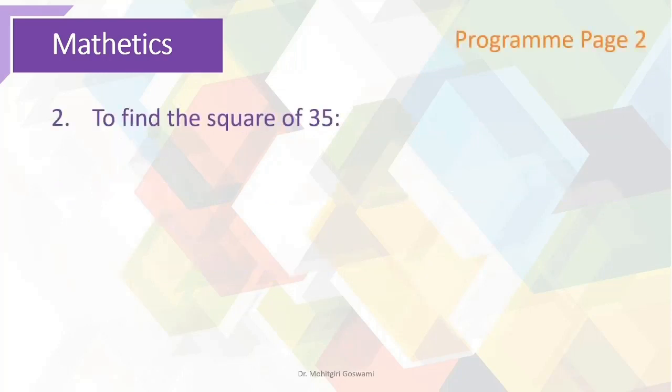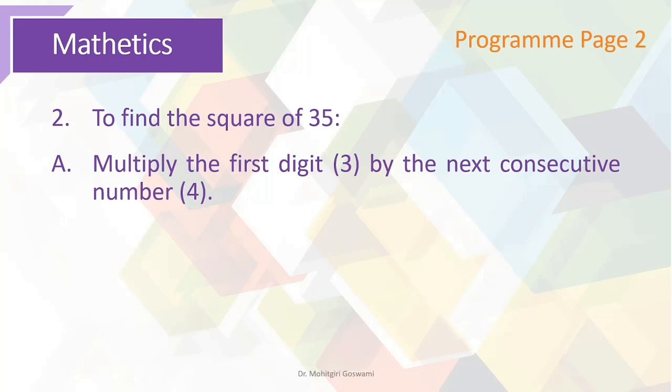The second frame, to find the square of 35. Here we are having an example. Multiply the first digit, which is 3, by the next consecutive number, which will be 4. The learner needs to put into practice the information given in the last frame.